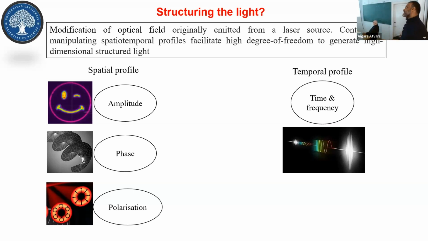So some researchers are targeting only the control of the spatial profile, transforming the structure of the laser beam from Gaussian to the desired shape. Some are targeting the control of the temporal profile of the laser. It is very interesting if you can control the spatial and temporal dynamics of the laser simultaneously.